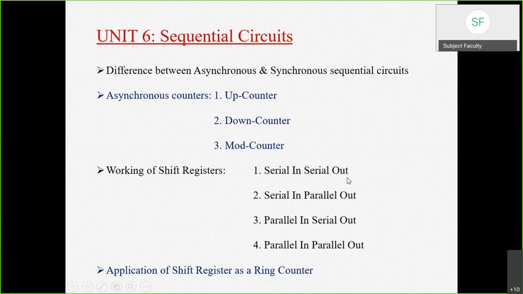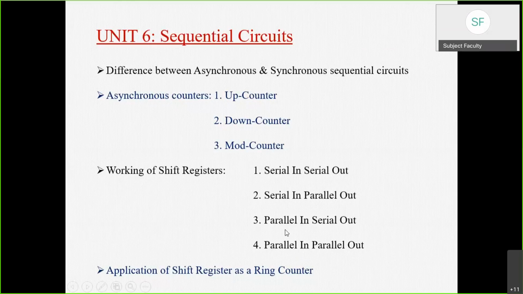There are basically 4 types of shift registers, depending on how you are giving the input to your register and how you are collecting your output. If you are giving your input serially and taking it also serially, then it is serial in, serial out. Similarly, serial in, parallel out, then parallel in, serial out, and the last one is parallel in, parallel out.